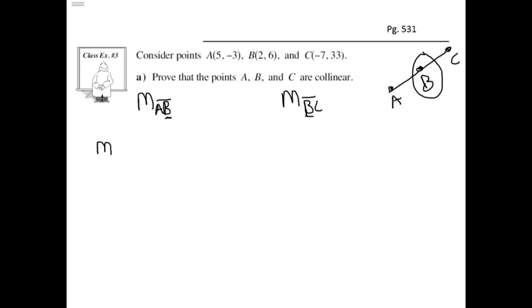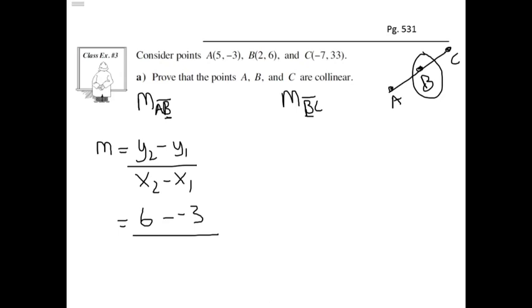Remember, the slope is going to be y2 minus y1 all over x2 minus x1. Alright, so I'm going to use B's points for y2 and x2. So the y for B is going to be 6. The y for A is negative 3.